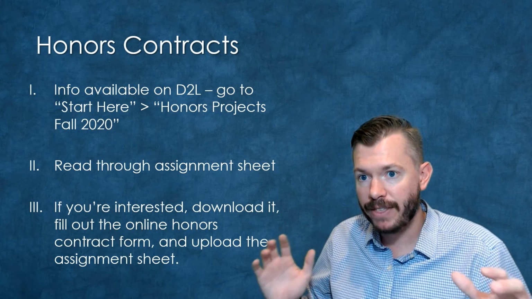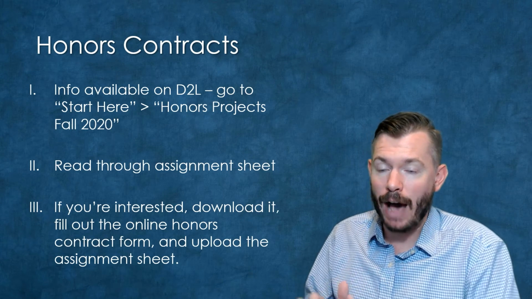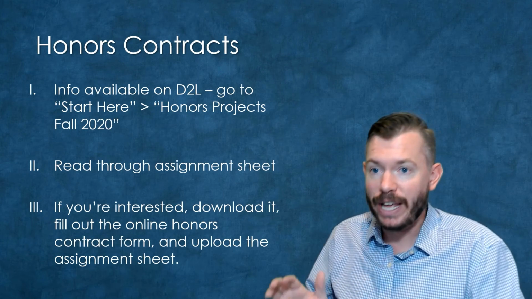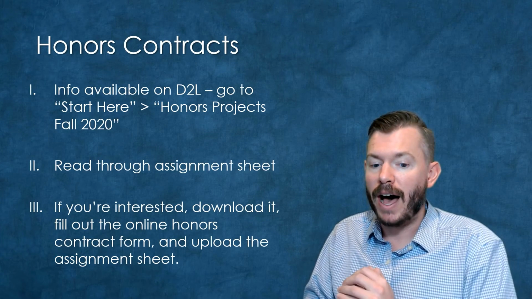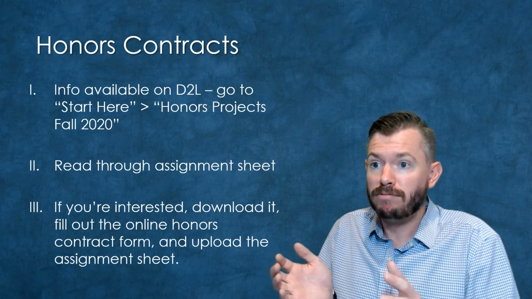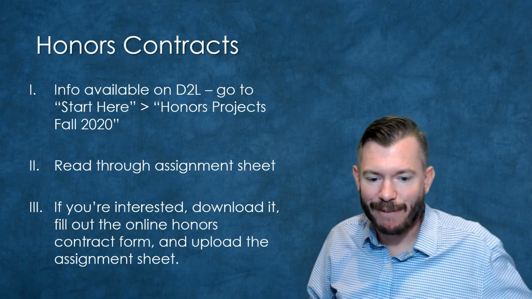You're going to find everything you need there. The first thing you're going to want to do is download the assignment sheet and read through that. You might very well end up saying, no, this is way too much work, so check that out first.